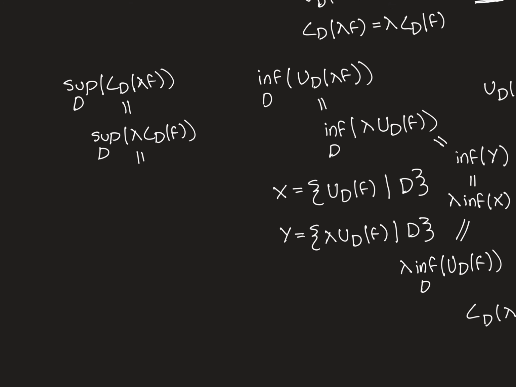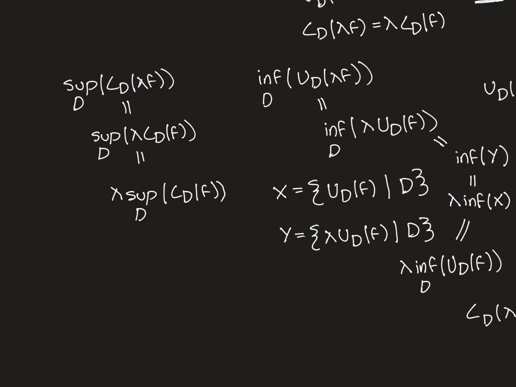And now I won't go through it in quite as much detail as here, but we can just apply the same rule. We're going over all dissections here, creating this great big set of lower Riemann sum values, and then we're multiplying them by lambda and taking the supremum of that. Well, of course, it's just going to be equal to lambda times the supremum over all dissections of the lower Riemann sums of f.